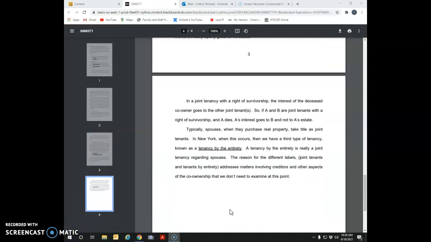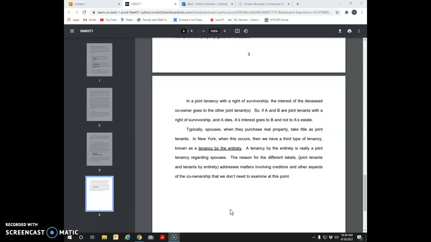I did mention marital property. It's not on the outline. Let me just say a couple of words about it. Again, I'm just confining my comments to New York State, and when spouses get divorced, if they do, what has to happen at that point is the property that they own has to be put into a category, and that is, is it owned by one spouse or the other spouse, or is it marital property?